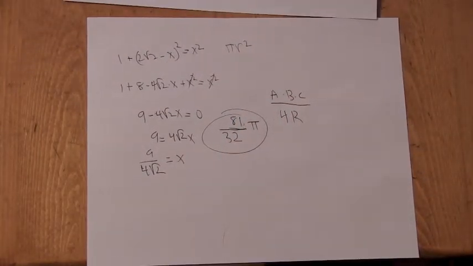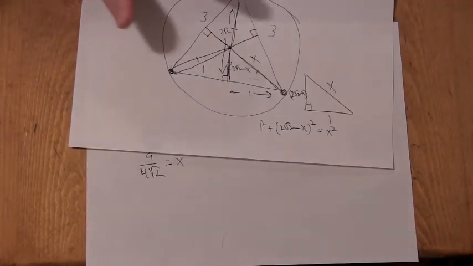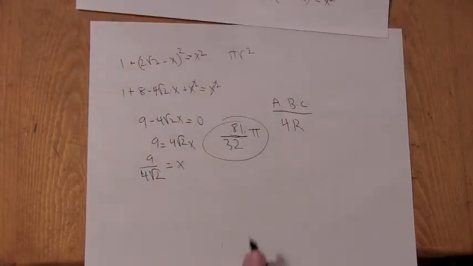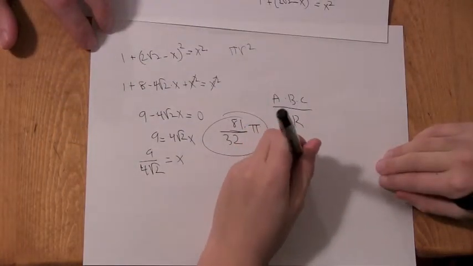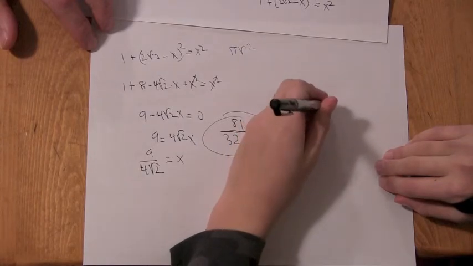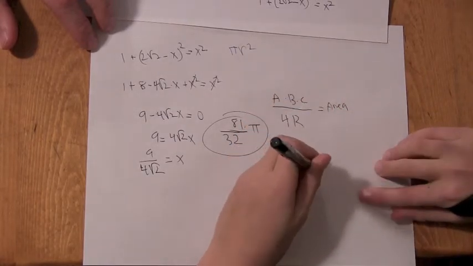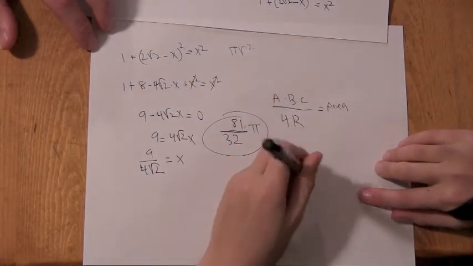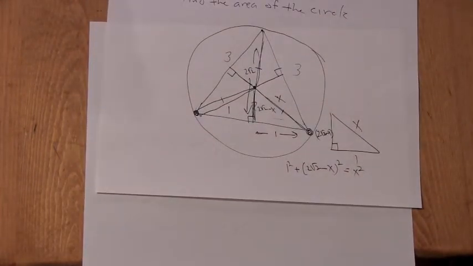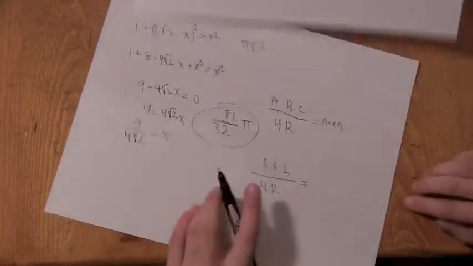That's right. And so you know in this case that the sides are 3, 3, and 2. So it's 3 times 3 times 2 over 4r, and the area we know is 2 times 2 root 2 over 2, so it's 2 root 2.